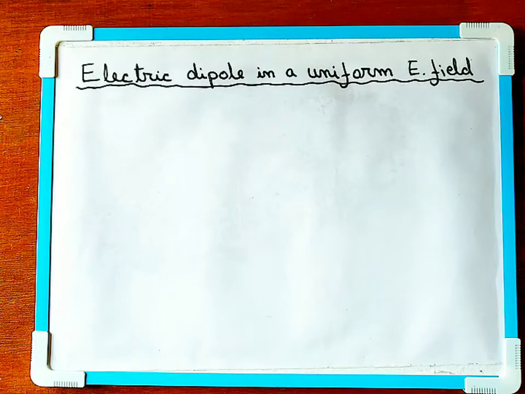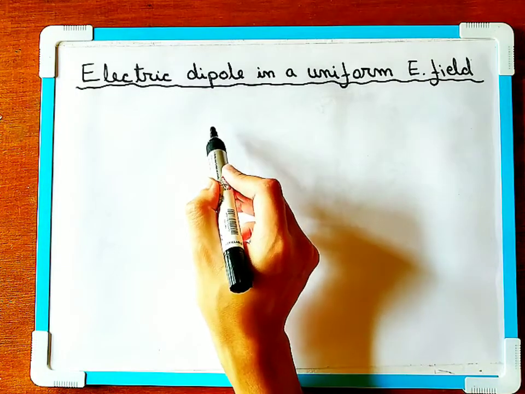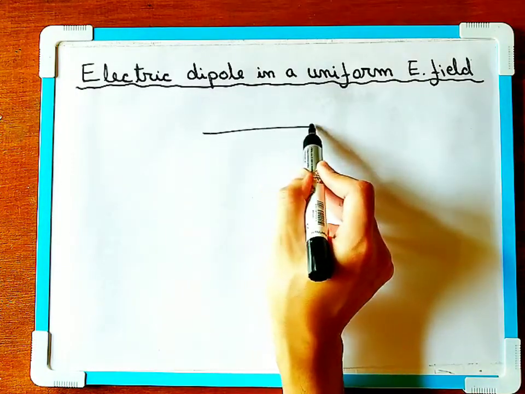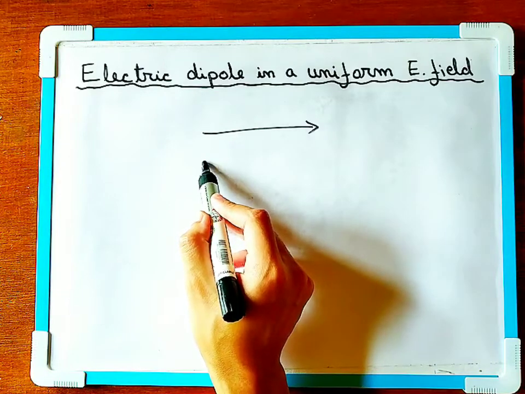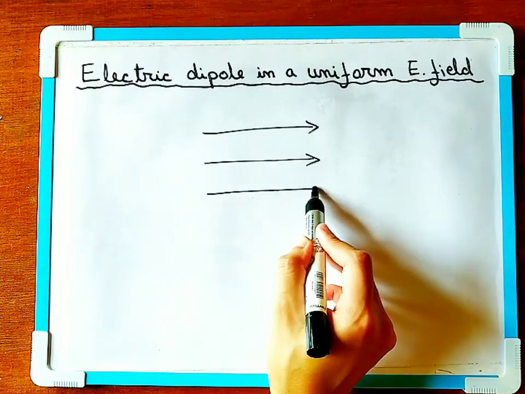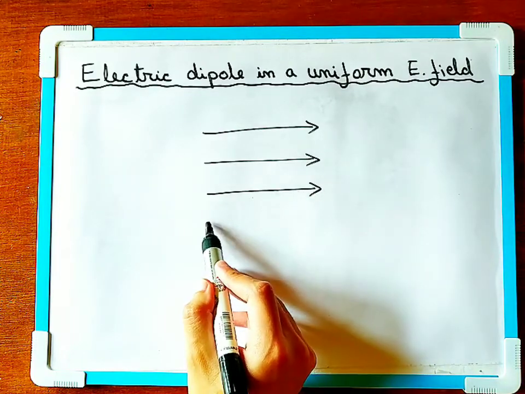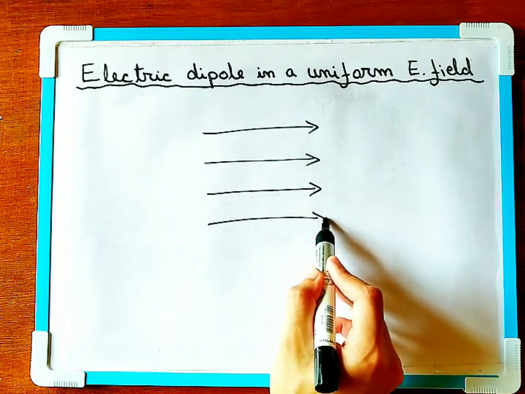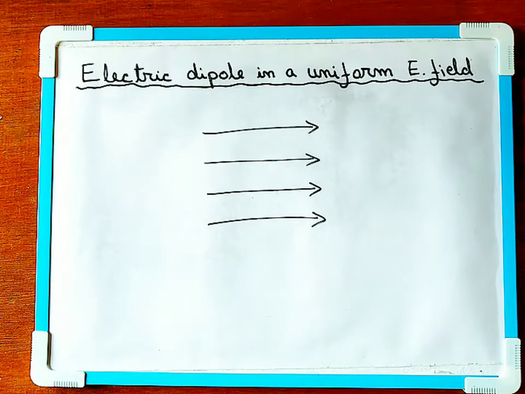A uniform electric field is represented by parallel lines which are in the same direction. So this is your uniform electric field, and for a uniform electric field, the strength of the electric field is the same everywhere in the electric field.